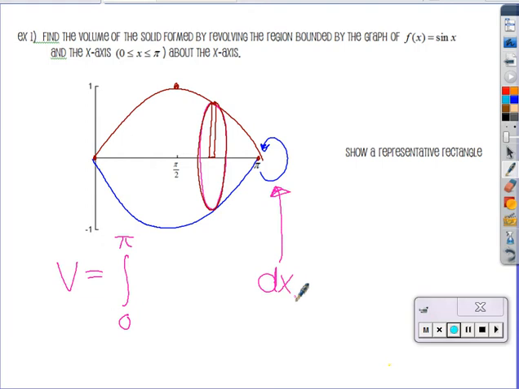The other way you know, because you're going to draw your rectangle, if your rectangle has a top and a bottom, that is a dx problem. So remember, we're going to do the area of a circle. To do that, we're going to do the integral from 0 to pi of a circle.